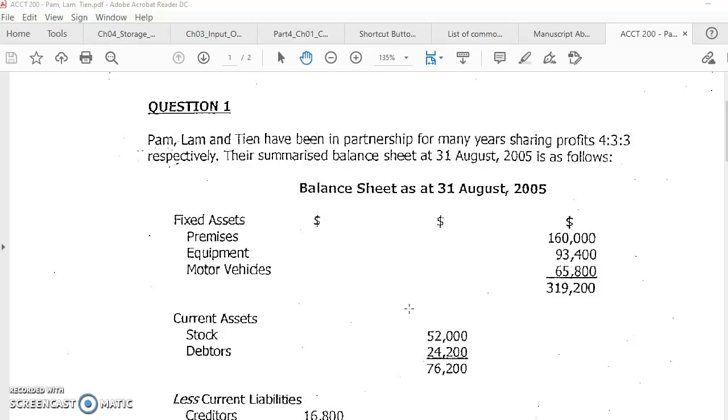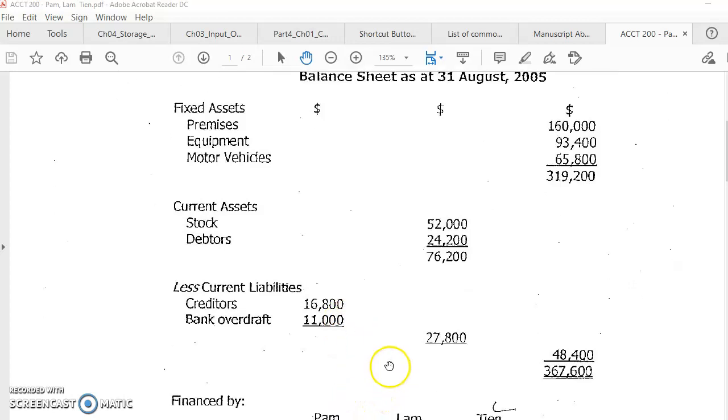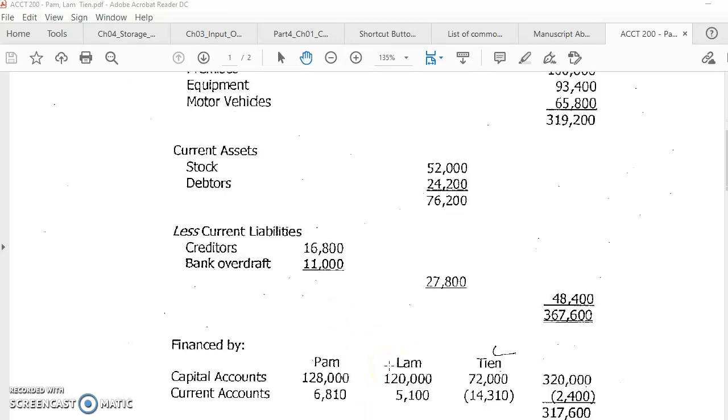They have fixed assets of premises, equipment, and motor vehicles of $160,000, $93,400, and $65,800 respectively. And current assets, stock or inventory of $52,000, debtors or accounts receivable of $24,200, and they have their creditors or accounts payable of $16,800 and a bank overdraft of $11,000.